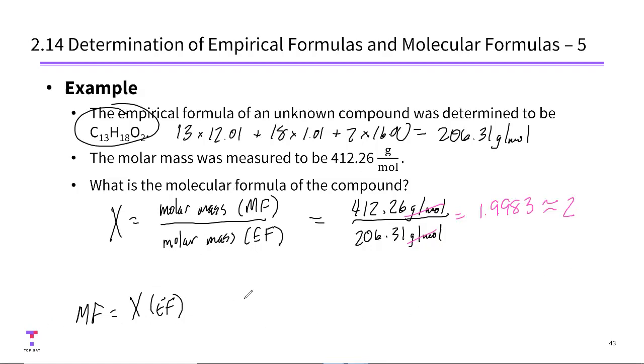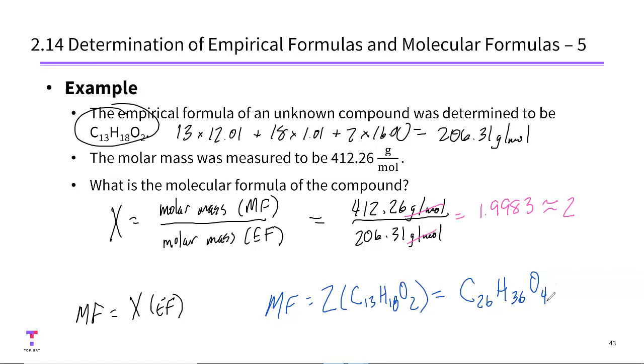So to find the molecular formula, the molecular formula is 2 times the empirical formula, C13H18O2. So it'd be C26H36O4. I just took that 2 and multiplied it by each subscript to get my new subscripts.